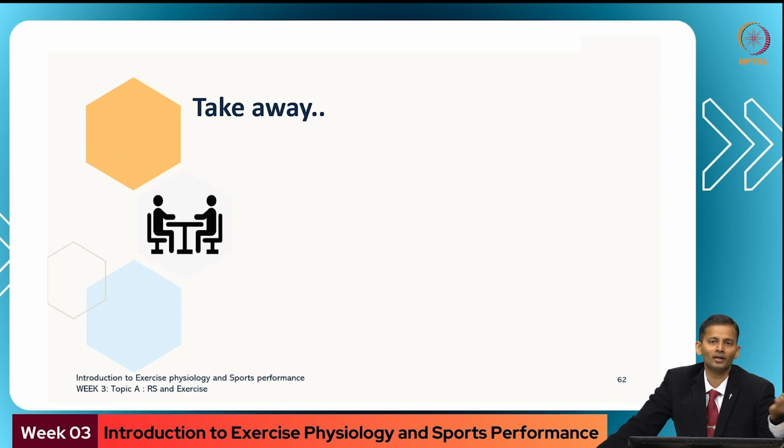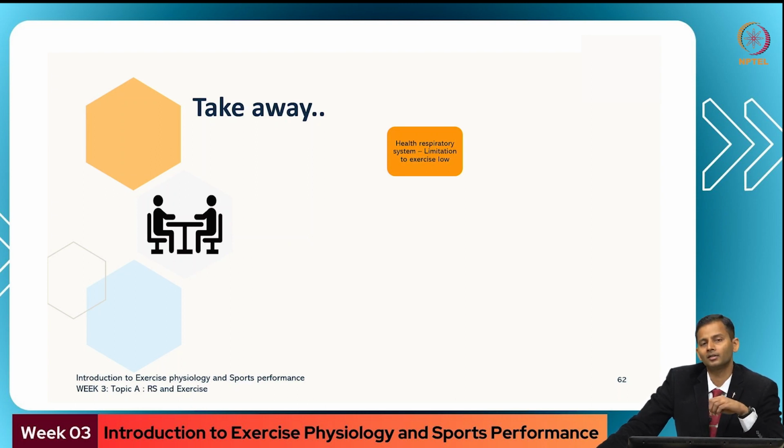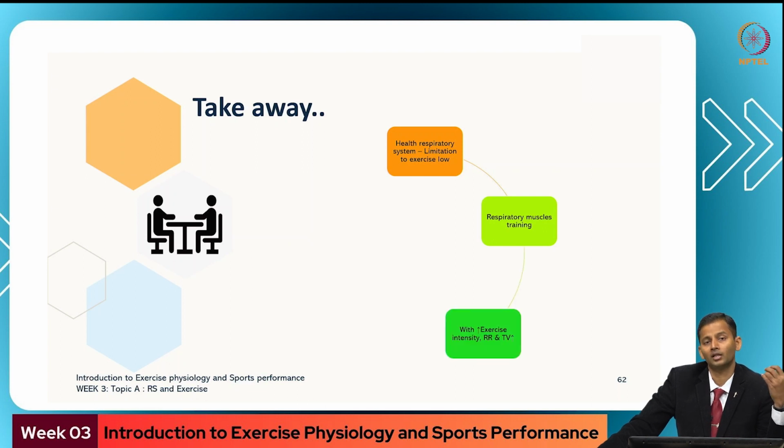So the main takeaway from this module of respiratory system and exercise is that a healthy respiratory system doesn't actually have any kind of limitation with respect to exercise. Respiratory muscle training definitely improves the dynamic lung volume, which also helps in improving the performance level, especially in long duration activities.